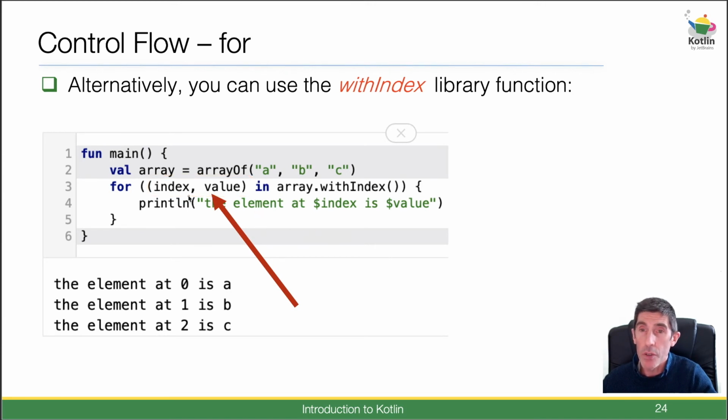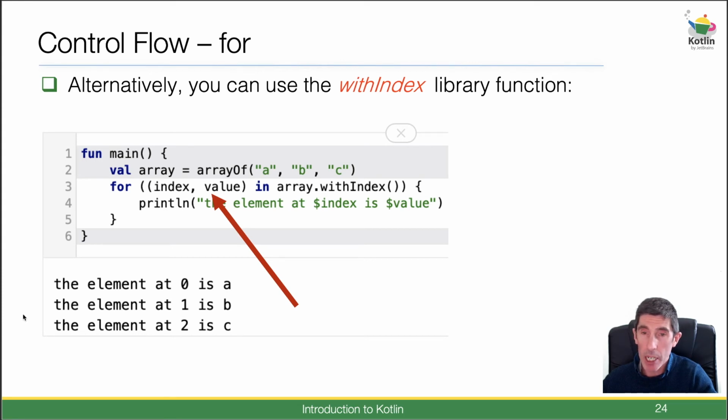So for index comma value in array.withIndex, we're basically saying we want to iterate through our array but with the index, okay? And we can say println "the element at $index is $value". So you get access to both the index and the value at the same time by invoking the withIndex library function on your collection, in this example our basic array.